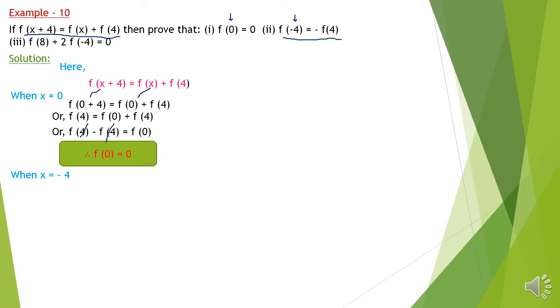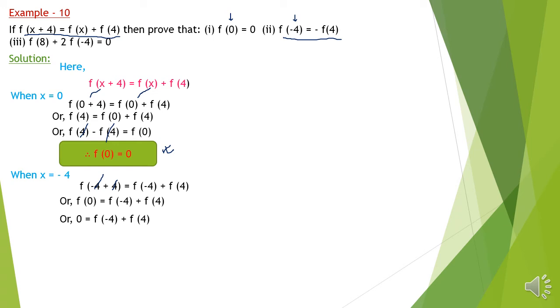So our input will be x equal to -4. Now see, x is replaced by -4, and this -4 and 4 get cancelled. That will be f(0) is equal to f(4) minus 4. Then right here, f(0) is equal to 0, so this f(0) will be replaced by 0.